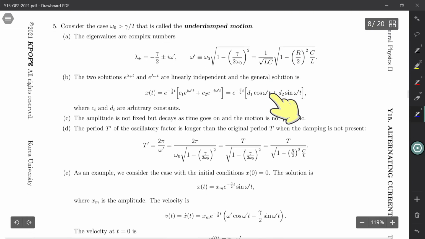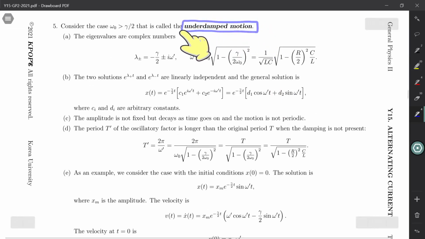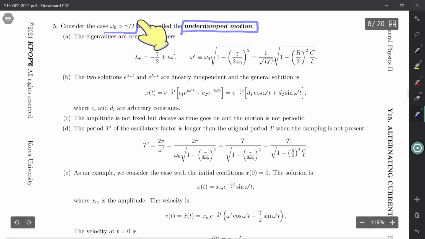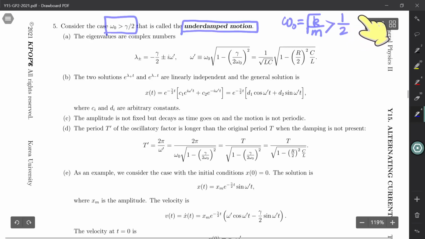Let us consider the underdamped case. In the underdamped case, the characteristic frequency omega 0 for the simple harmonic oscillator is greater than 1/2 gamma.